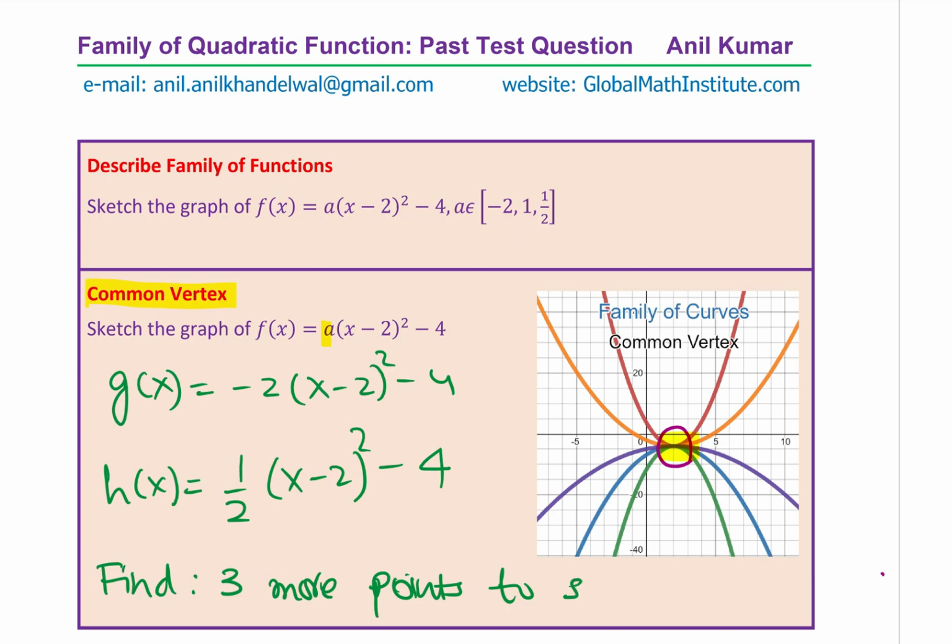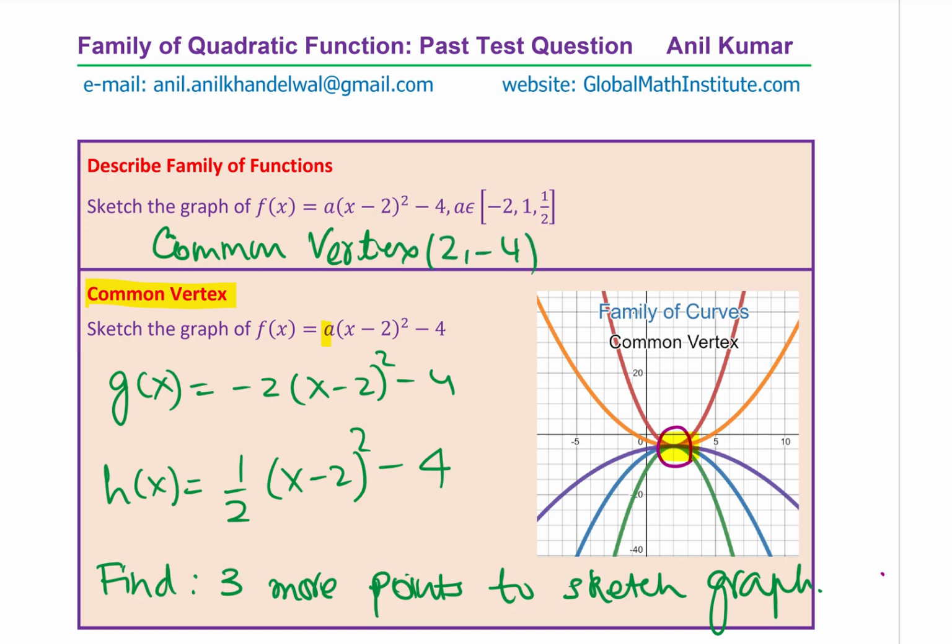To sketch the graph, we have a common vertex. Let me write down here. They have a common vertex, which is at (2, −4). They all belong to this family with common vertex.